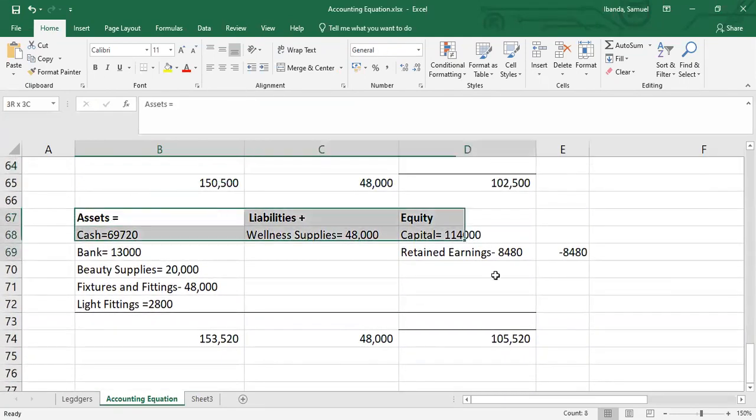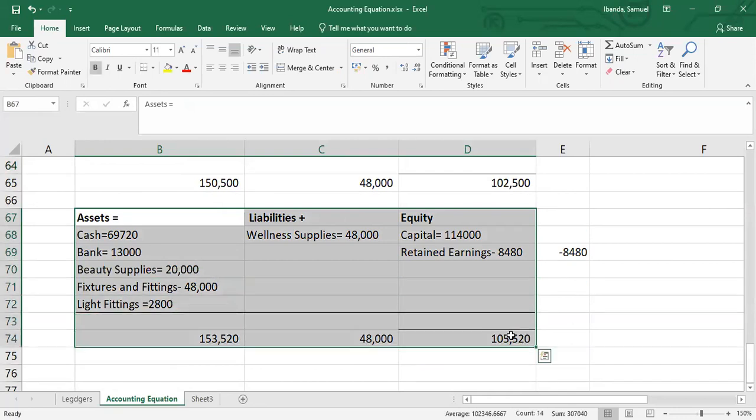here, we say that sometimes the accounting equation can be used to prepare the balance sheet. The last accounting equation will definitely give you the balance sheet of the company. You get it? That is why sometimes companies take this approach.